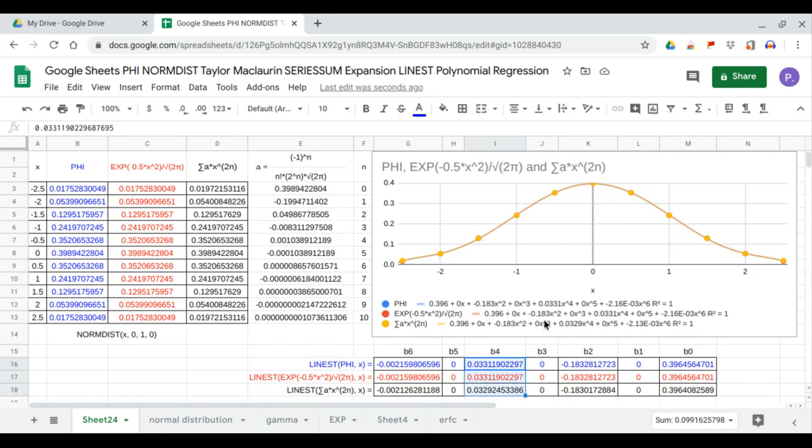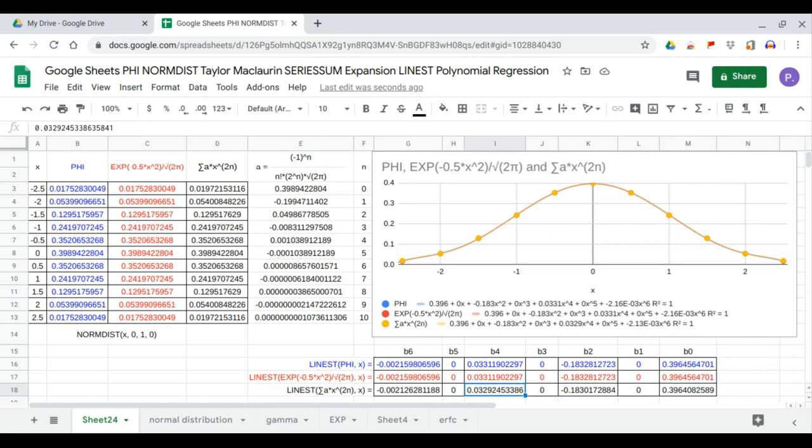B4, they're the same, except for this one. This is an expansion, it's an approximation, limited by the range, the range from 0 to 10 only. So it's not accurate. B5, they're all 0, and B6, they're all the same, except for this one, but it's a very small error.